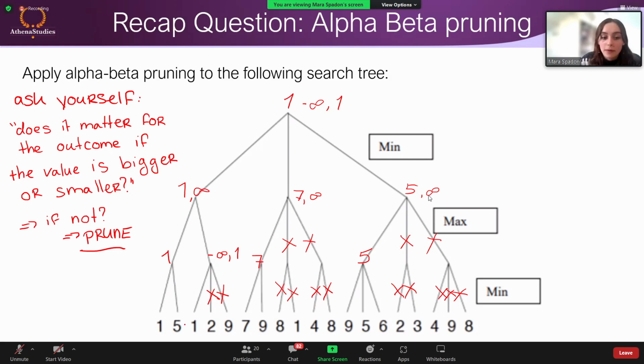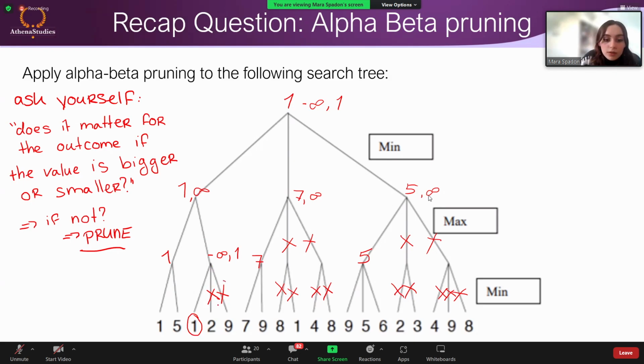Yeah. Okay, so we check the first leftmost node in order to get some information. So we know we have 1. So that's the one we viewed. And we know for max on this branch, it can choose either for min, because it's that one, we choose either 1 or something smaller.